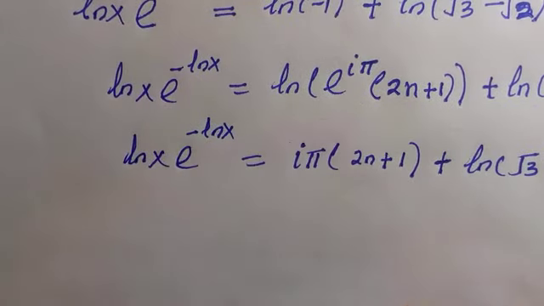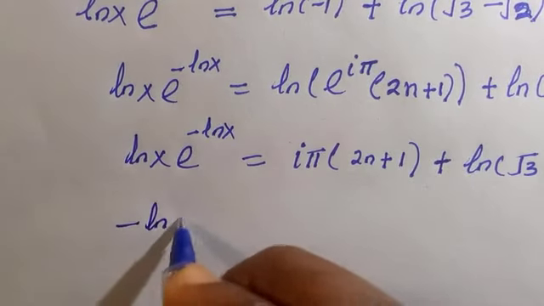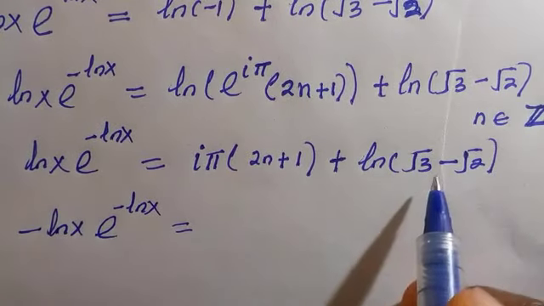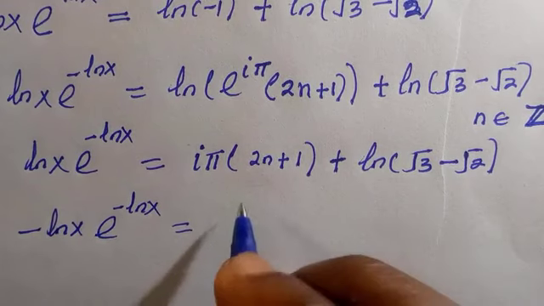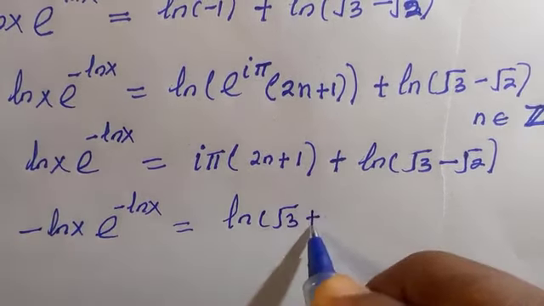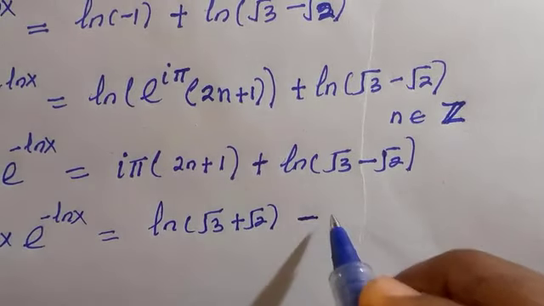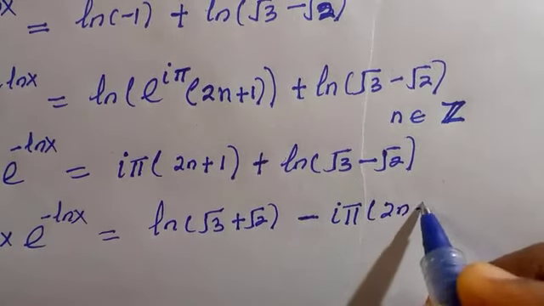So the introduction of negative gives minus ln x, exponential of minus ln x equals, by introducing negative to this side and rationalizing, ln of root 3 plus root 2. Then the negative will now affect minus i pi (2n plus 1).